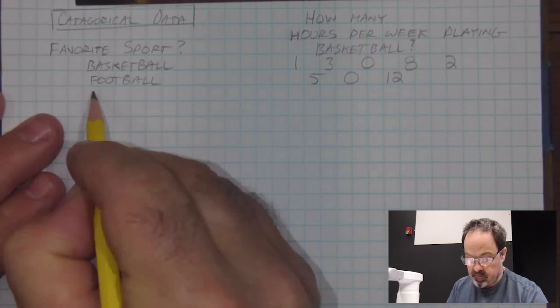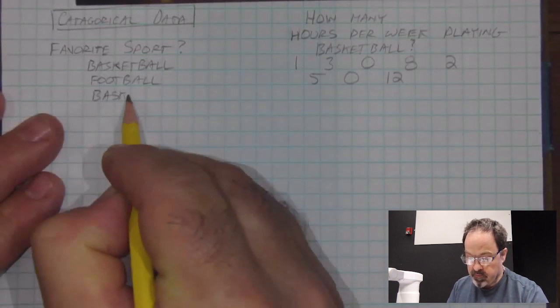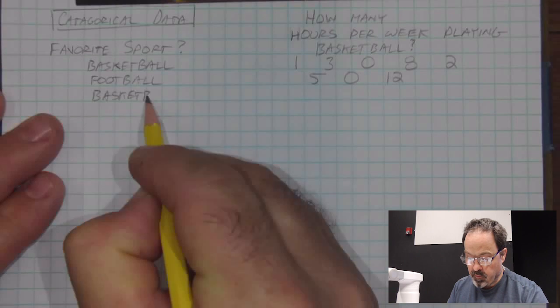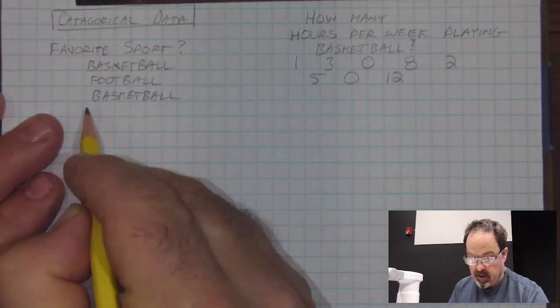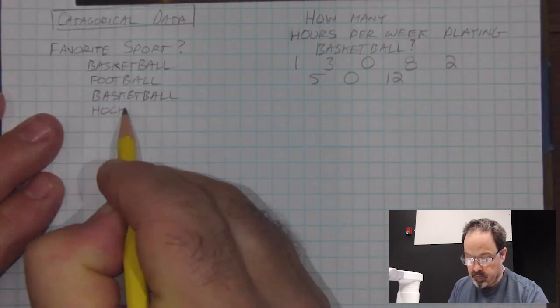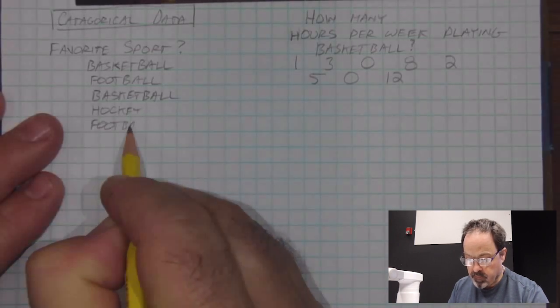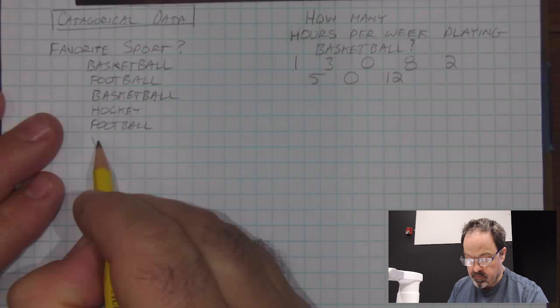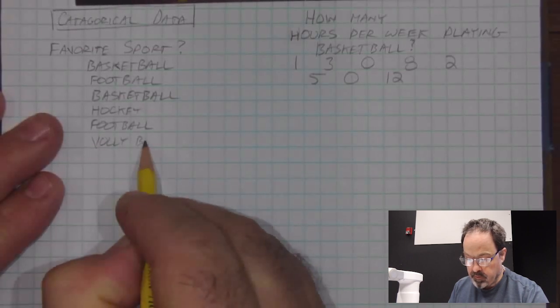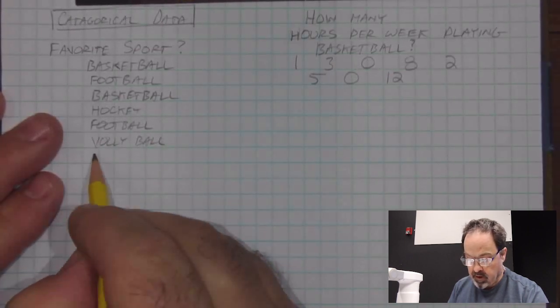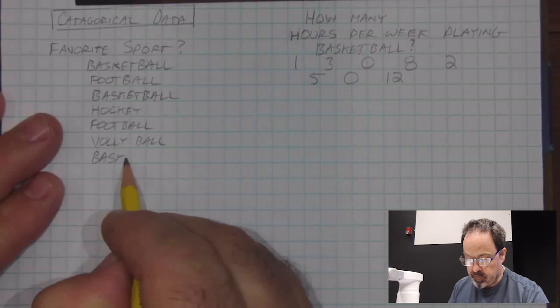And we would expect some of those responses to be the same or repeated. Asking a fourth person, maybe hockey. And another one, football. Another, volleyball. And maybe another basketball.